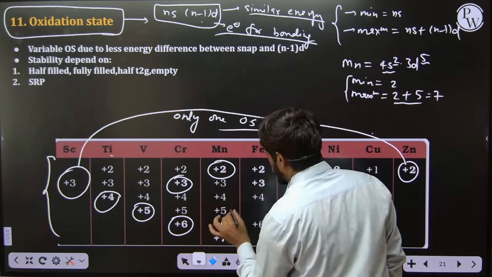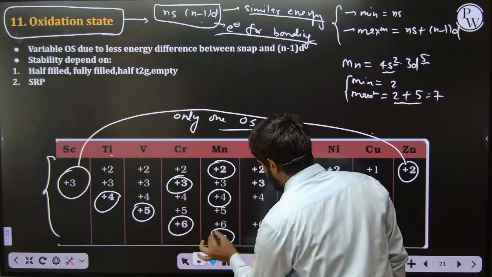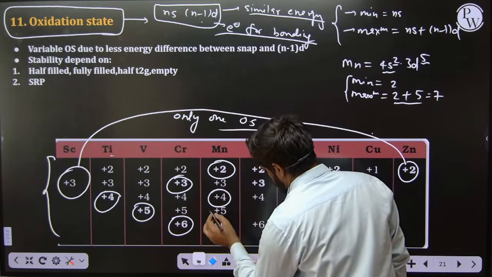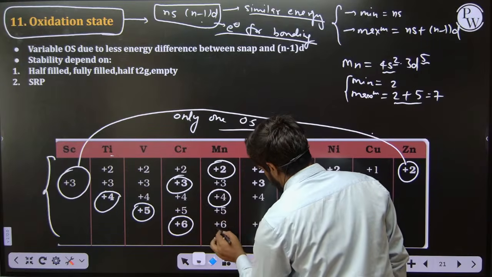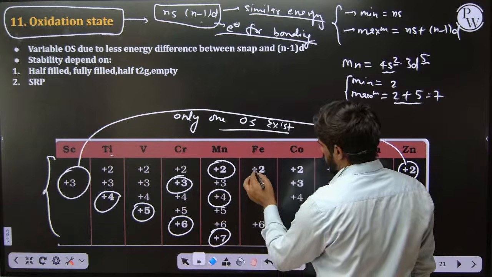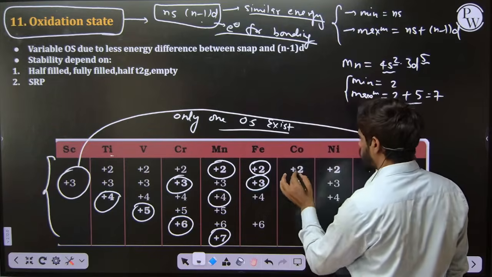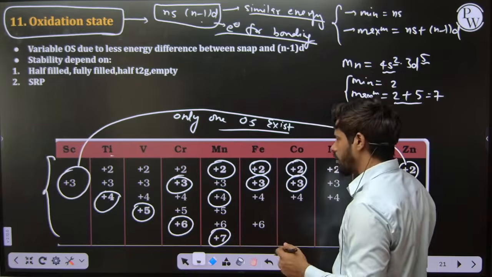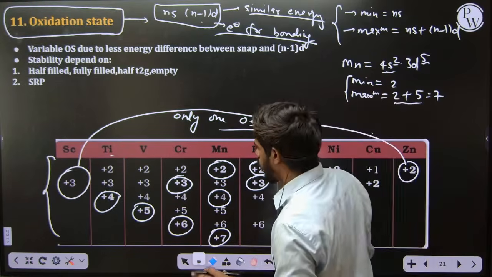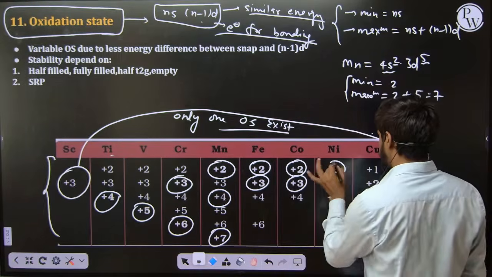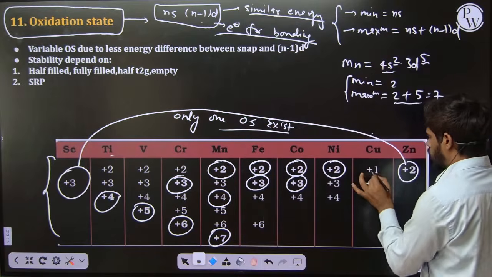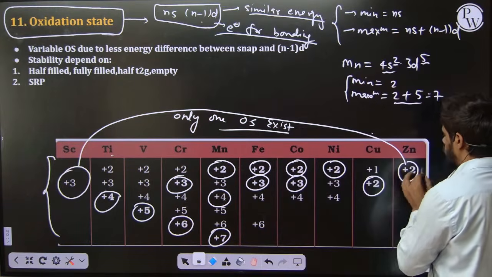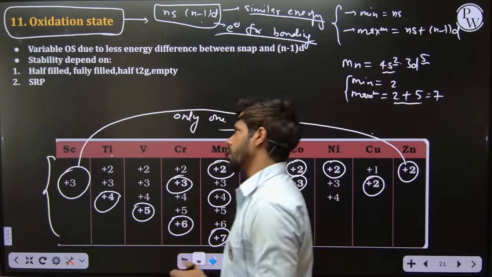For manganese, plus 2, plus 4 and plus 7 are stable. Fe2+ and Fe3+ are common, not stable. We are not talking about stability, we are checking the common oxidation states of elements. For nickel it is 2+, for copper it is 2+, and for zinc it is 2+ only.